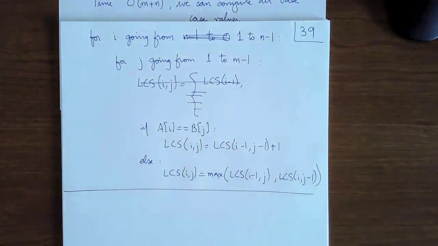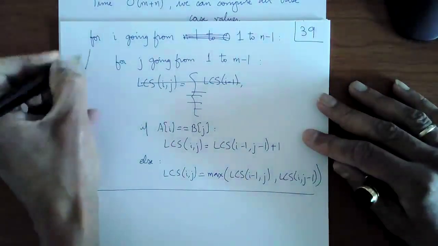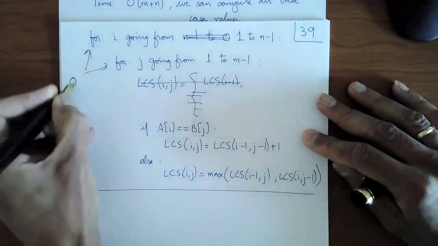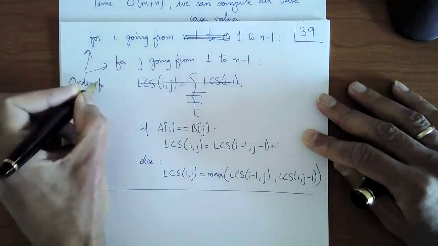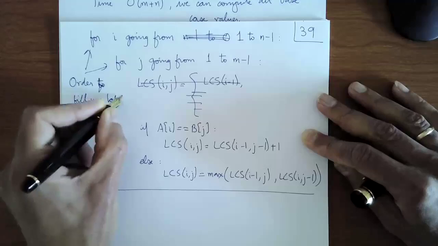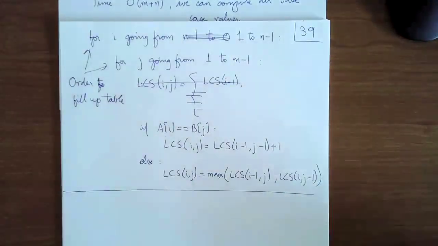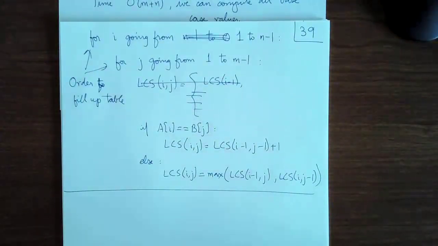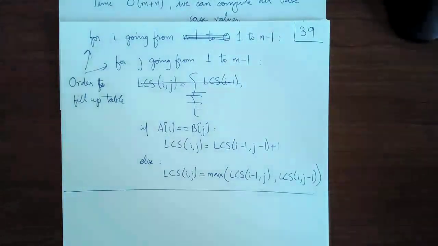So this gives the entire algorithm, and these loops tell you the order to fill up the table. What I've written here is pretty much the entire code. Are there any questions about this?